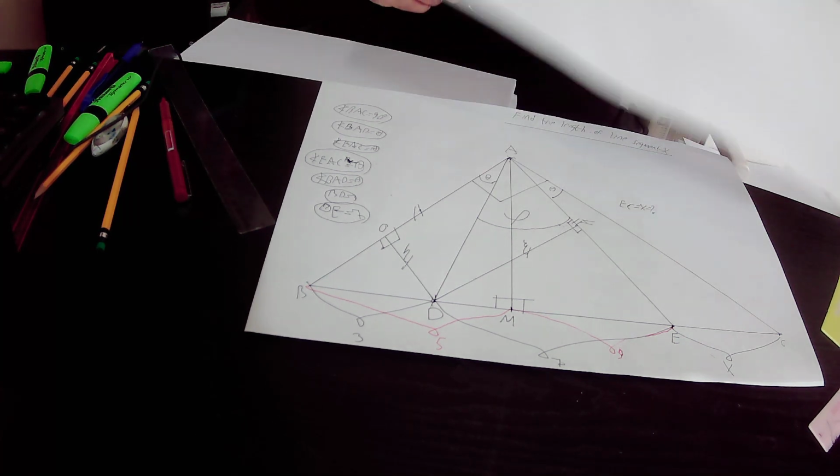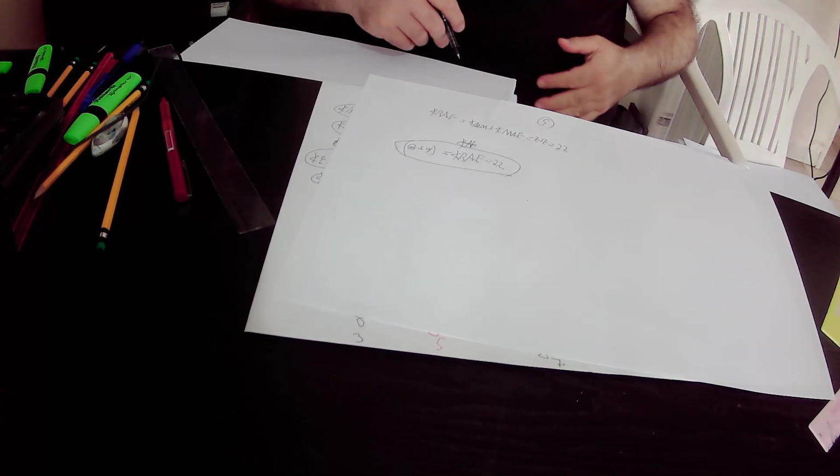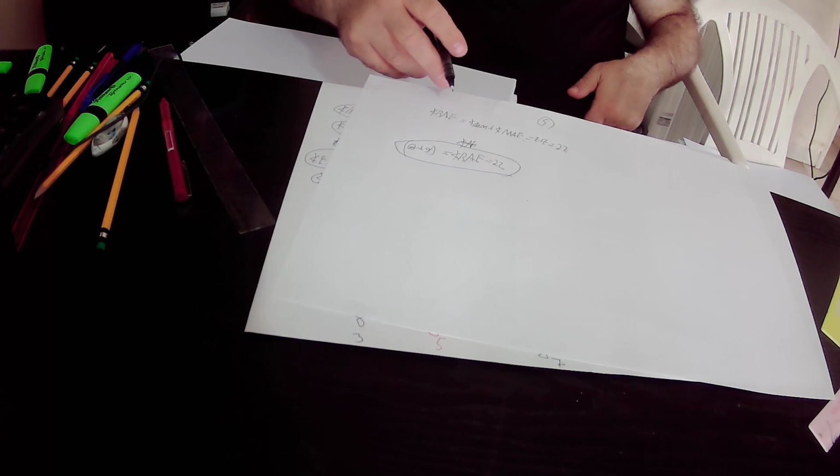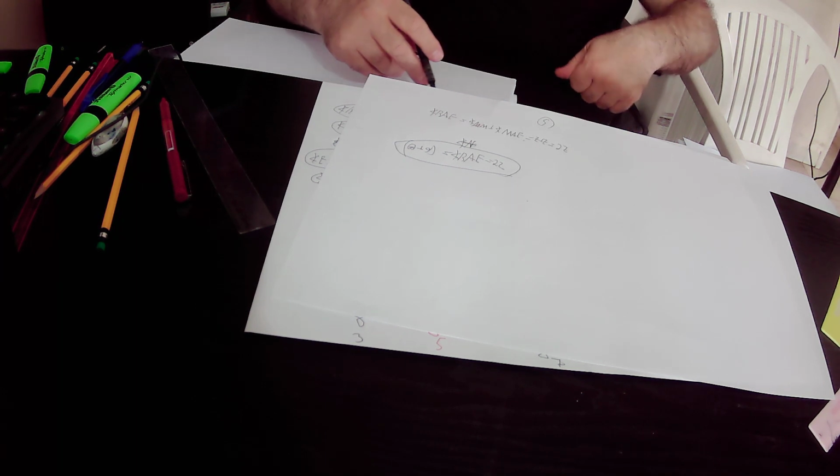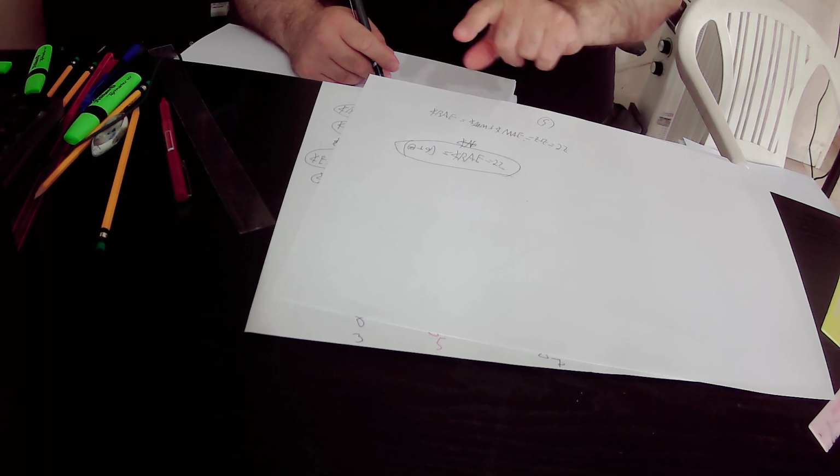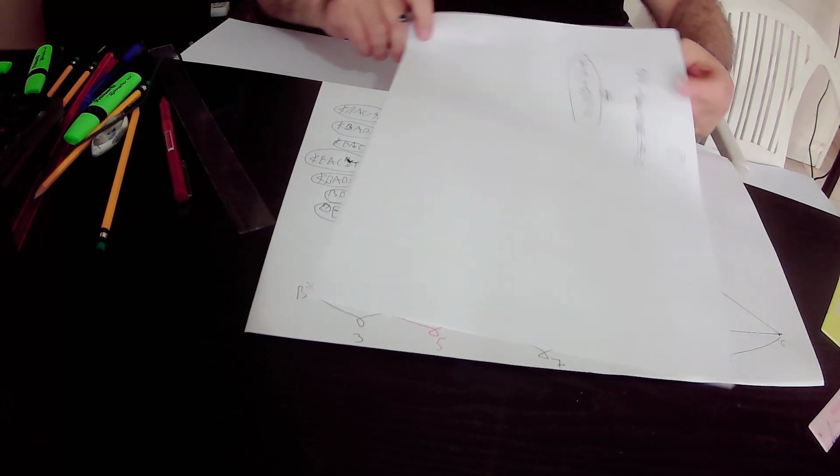So from this equation, theta plus alpha equals angle BAE equals 2Z. We will conclude that theta plus alpha equals 2Z.